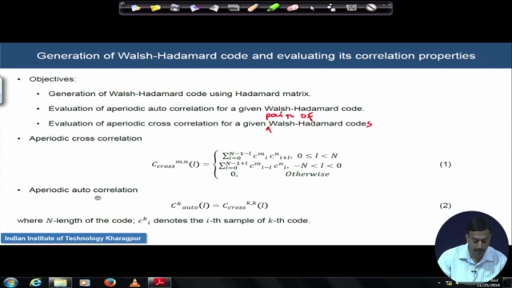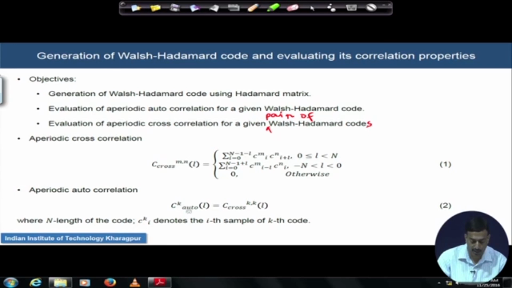The autocorrelation term is just a special case of this cross correlation definition. So autocorrelation is nothing but checking the similarity between the same code, that is a code with itself, just a shifted version of the same code, and so now the indices m and n are the same because it is the similarity with itself.